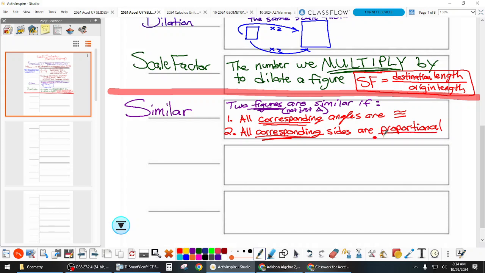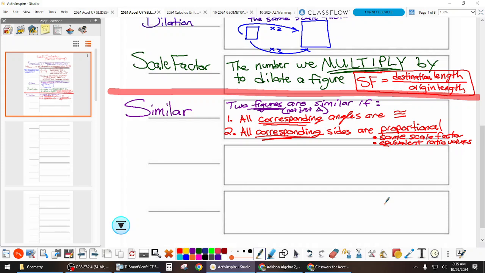Proportional means, or one meaning could be the same scale factor. Could mean equivalent, or does mean, not could, but does also mean equivalent ratio values. Like that's what proportional means. If we set up ratios between all these sides, it should give us the same value.